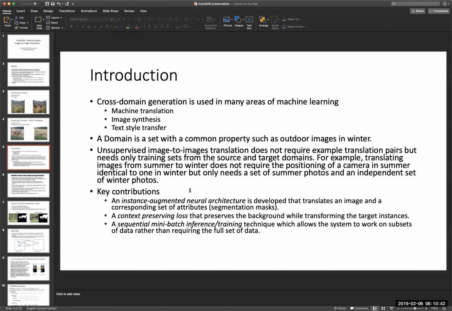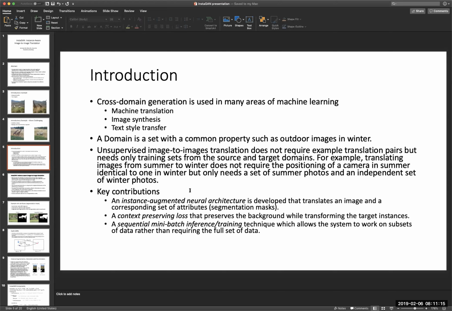Again, the key contributions of this paper are that it develops an instance augmented neural architecture. And it translates an image and a corresponding set of attributes, which are these segmentation maps that we'll see examples of. It also has a context preserving loss, and the context in this case is the background.